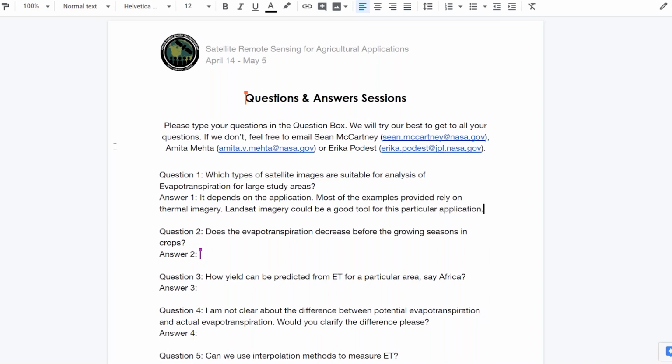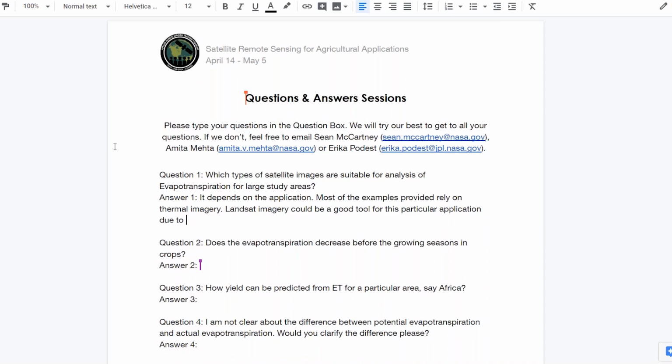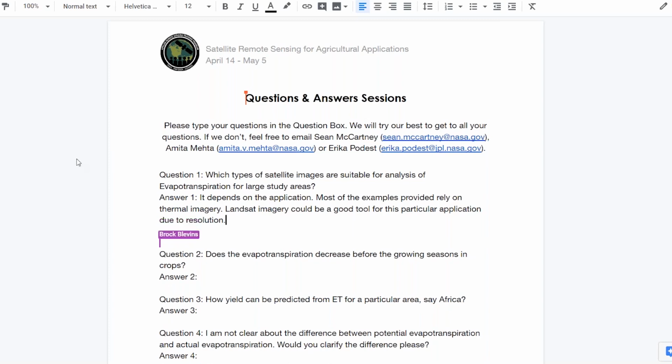But as we showed with the multi-scale version of our model, there are ways of integrating the thermal information that you get at different scales. If there's a follow-up to that, I'd be happy to address a specific application.